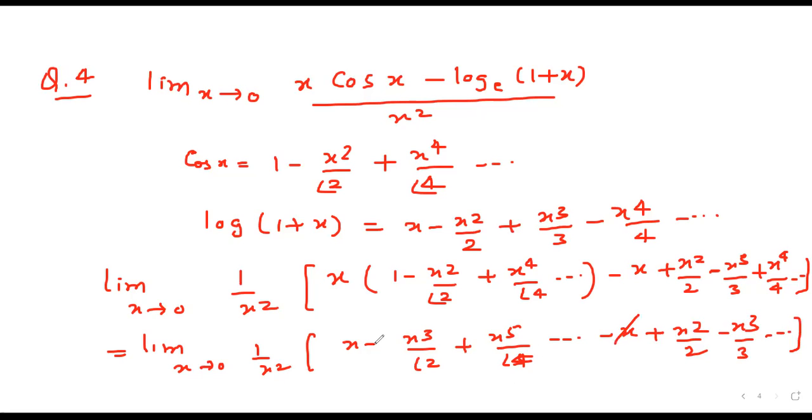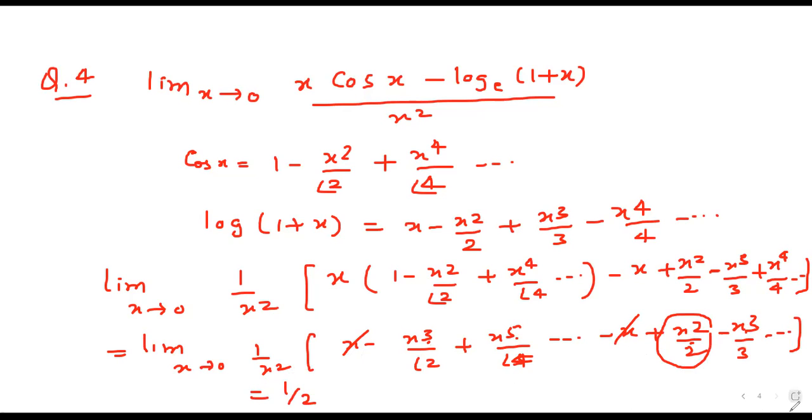So here x will cancel out, and when we divide by x square, here x will be left, here x square will be left, here only 1 by 2 will be left, and here there will be x. So all terms containing x will become 0 except this, which will be 1 by 2. So our answer is 1 by 2.